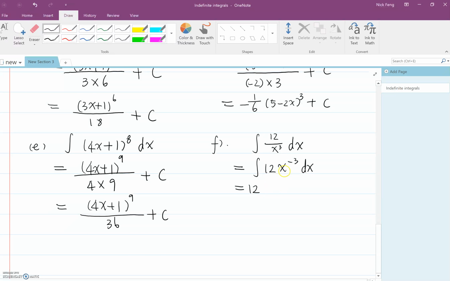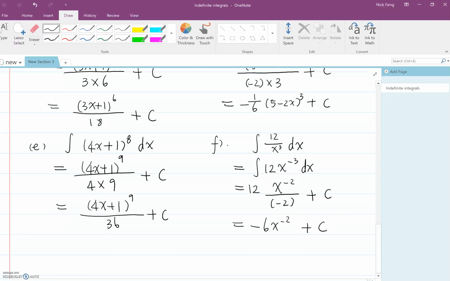So 12 x to the power of negative 3 plus 1 is x to the power of negative 2, over the new power negative 2. Again, don't forget plus c. Again, plus c is not just a decoration for the end of the question. Whenever you finish your integral, you need to add that. So that gives you negative 6x to the power of negative 2 plus c.